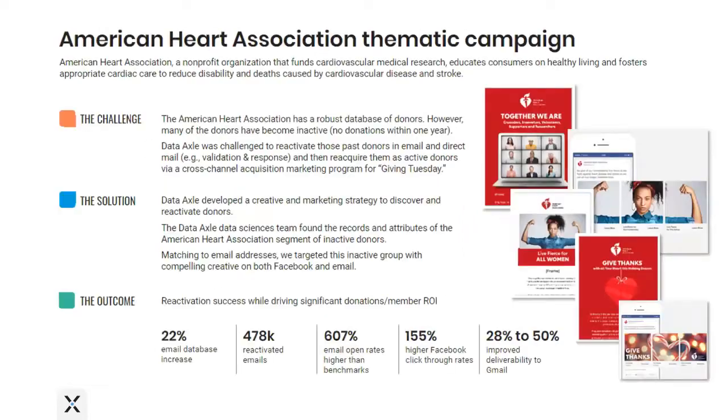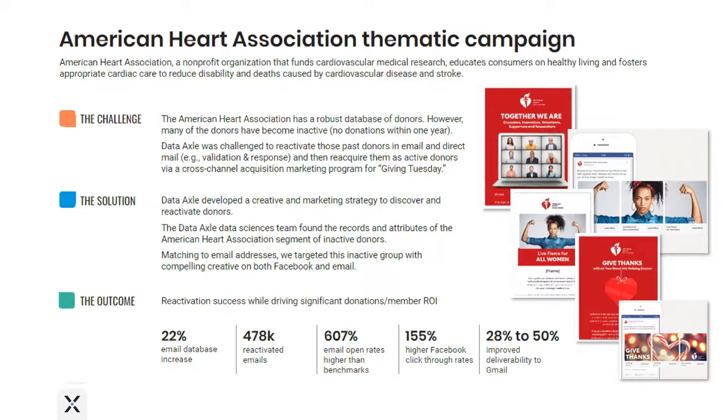We did a bit of this program at the American Heart Association, probably about a year ago, July, August of last year, and they came to us and said, we have these 6 million emails that have been hanging around for the past 6, 7, 8, 9, 10 years. They were really lapsed in age, and they hadn't done anything with them.